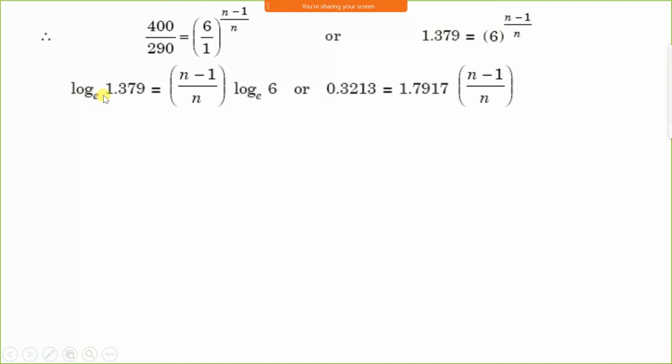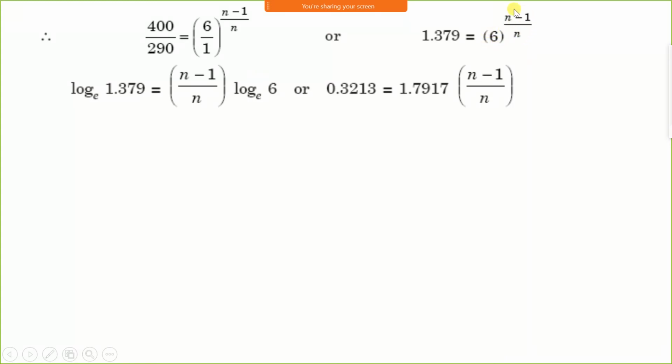When you apply log on both sides, this term is 1.379 equal to 6 raised to the power (n minus 1) upon n. When we apply log, it will be log base e, that is natural log. So ln 1.379 is equal to ln of 6 raised to the power (n minus 1) upon n.